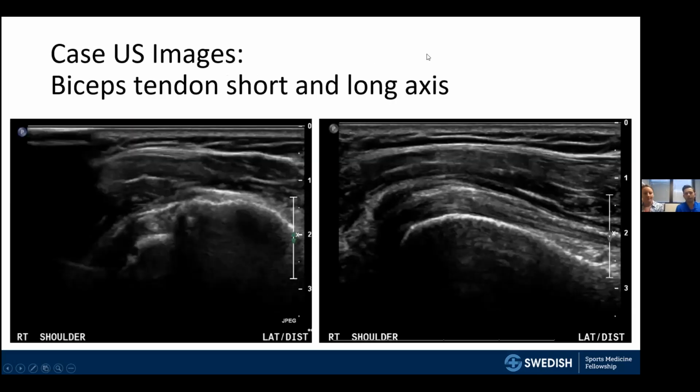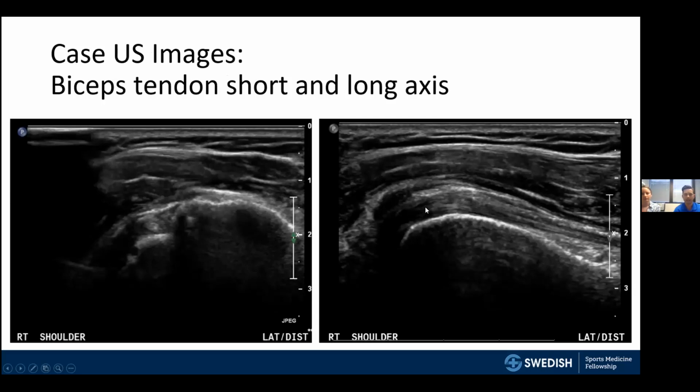So now we'll go to the ultrasound images of our case. This is the biceps tendon in both short and long axis. On the left is the short axis, and on the right is the long axis. As you can see here, this is the biceps tendon within the bicipital groove, and it's nice and hyperechoic. No pathology associated in short axis.